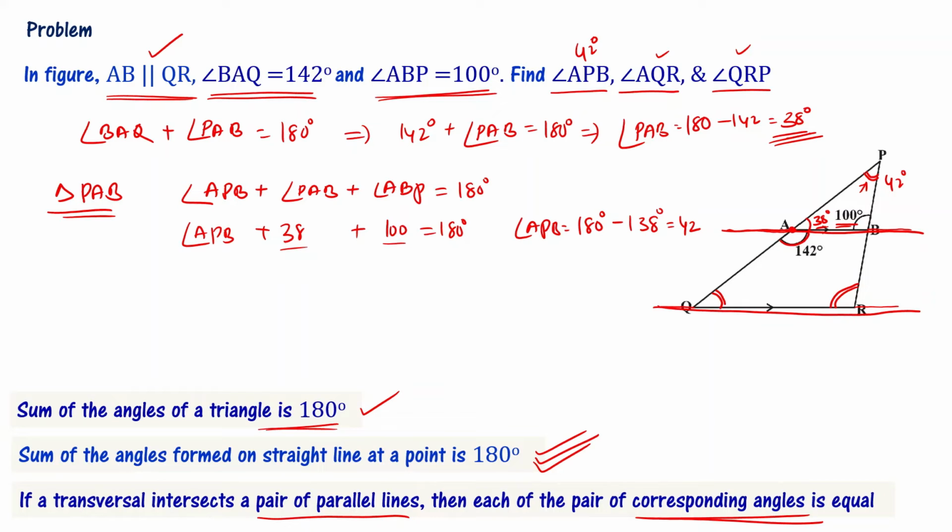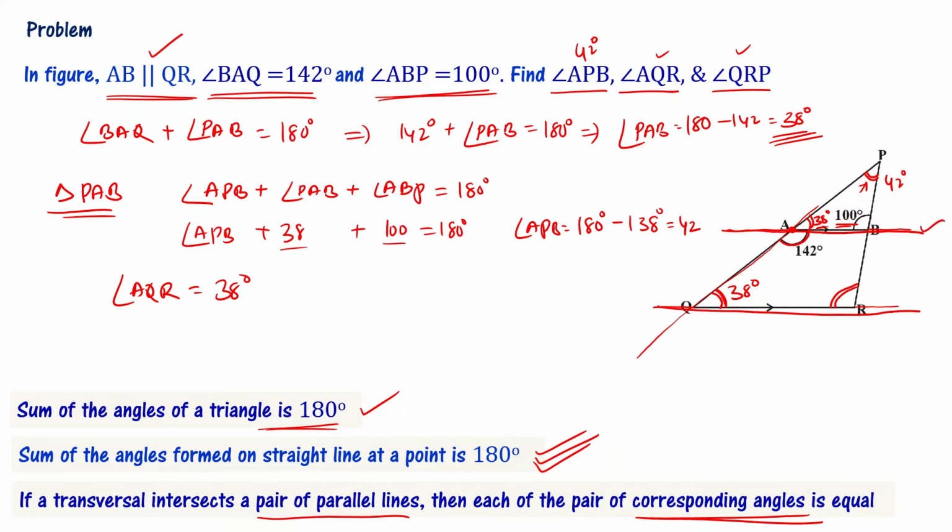And if I say that this is the transversal, then you see 38 degrees and these are corresponding angles, right? Let me write this as 38 degrees. Now you got it. This is AQR. Angle AQR is 38 degrees, right?